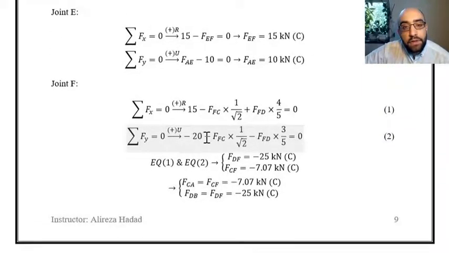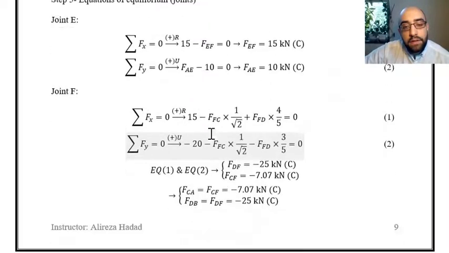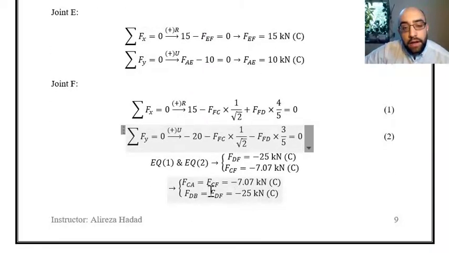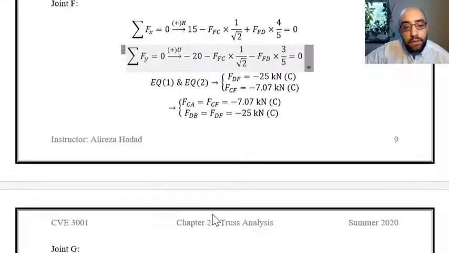That's why I'm going to consider the negative instead of FAC. This positive was because of the direction we assumed based on this arrow. And now I'm going to include the negative value based on the value that we found over here. Right? This is the procedure in using the method of joints and including the forces that we found in other joints in our future calculations.